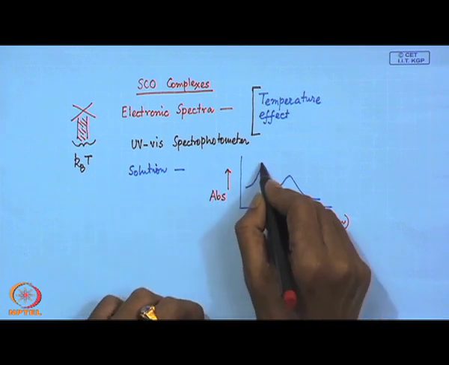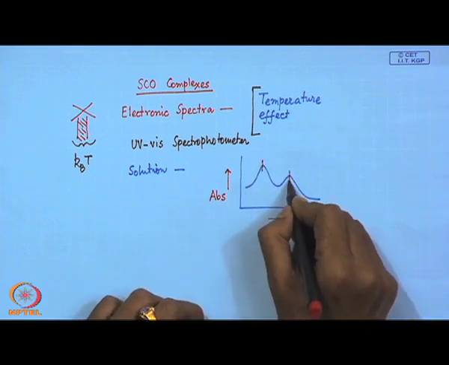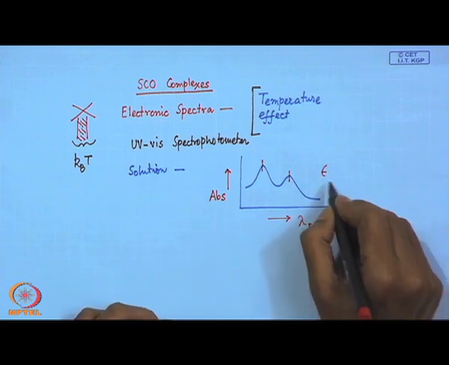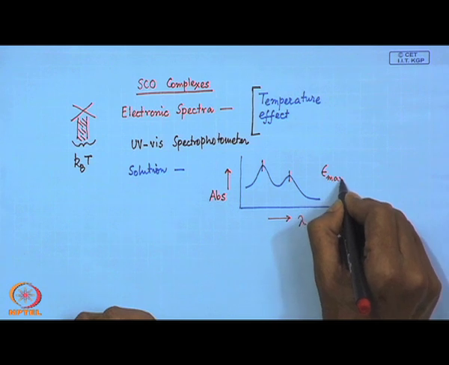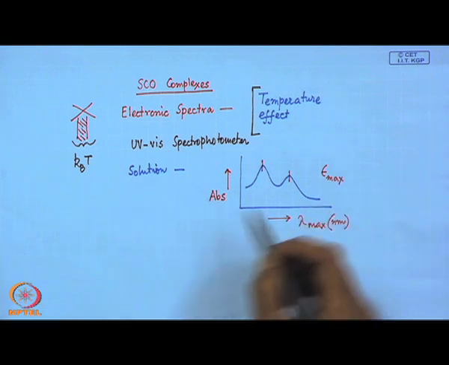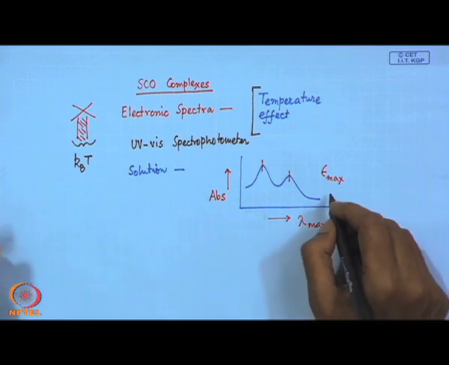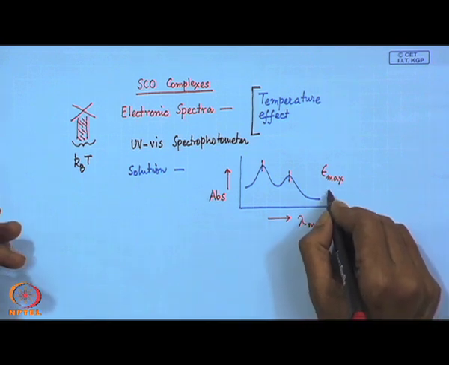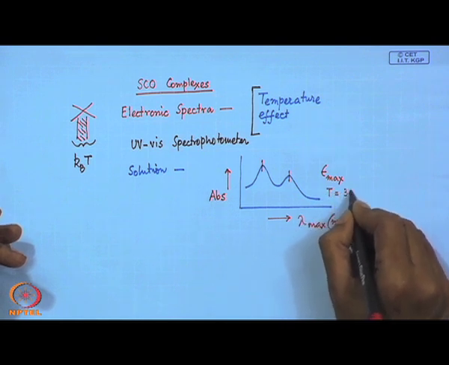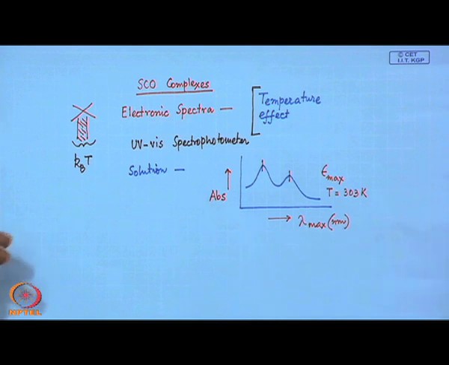So, these are the two corresponding lambda max values, and also using Lambert-Beer's law we record the molar absorptivity at the same time. Another parameter we should also label is whether we are measuring this at, say, 303 Kelvin or some other temperature. That means the temperature is very important and crucial for this sort of measurement.